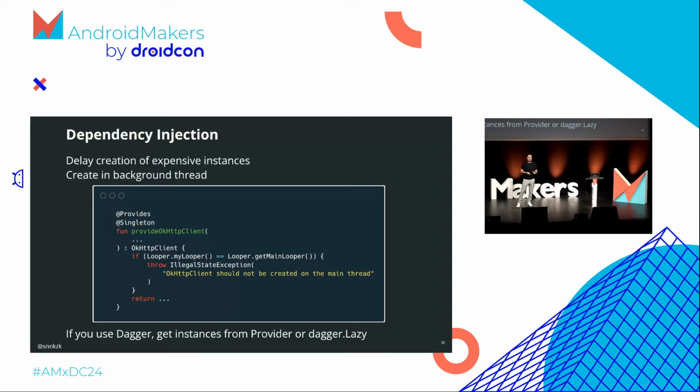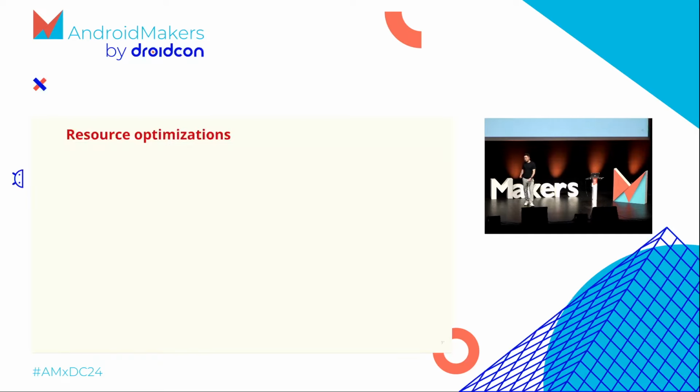That already saves you the initialization cost. And if you want to prevent anyone from mistakenly injecting your objects on the main thread, you can check the loopers, and if it's the main looper, you can prevent it while developing. This is a nice trick that already helped us with injecting OkHttp in the wrong places, because any OkHttp injection could take up to 100 milliseconds, and maybe more if there are encryption things happening based on your signature.